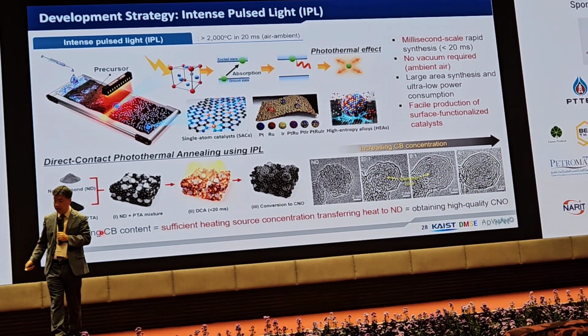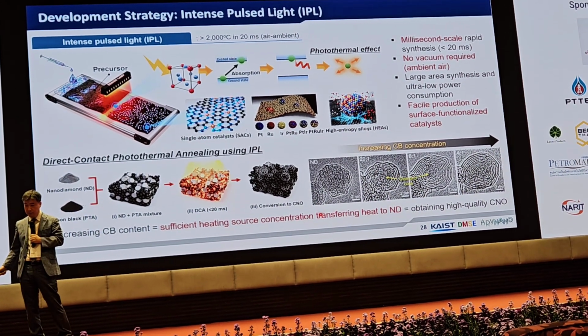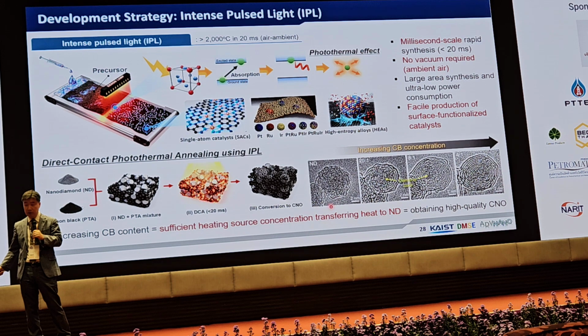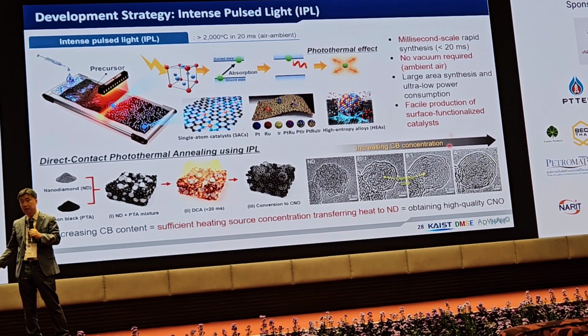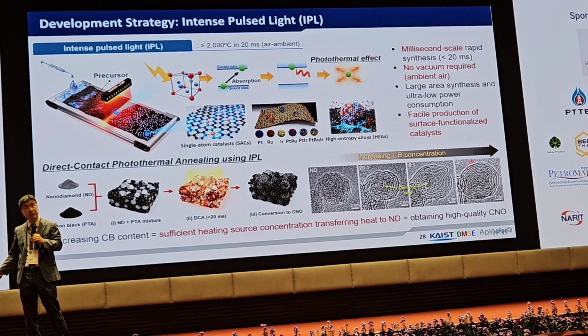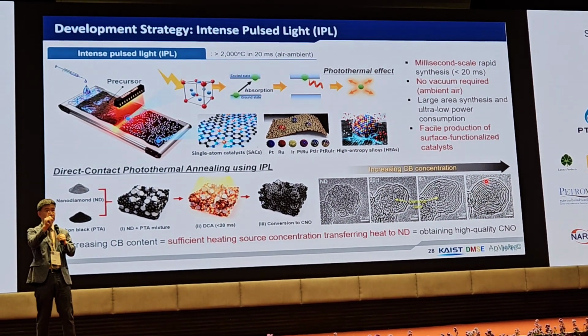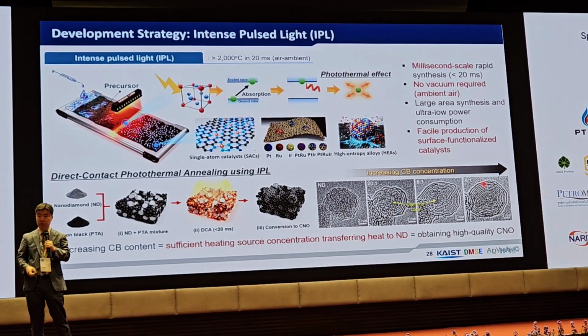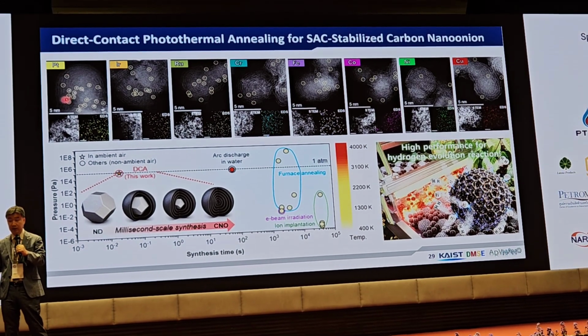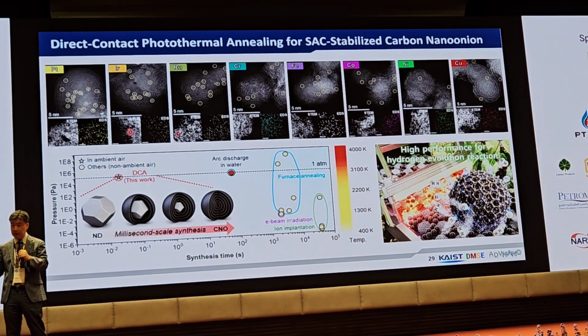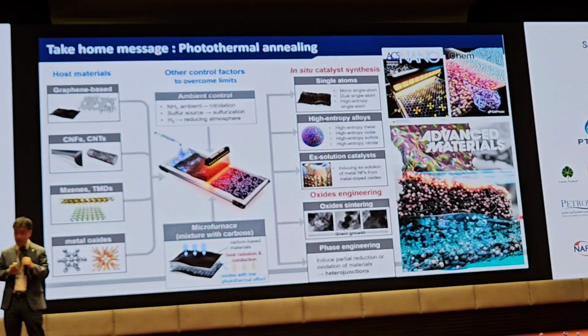So you can see here, this is a nanodiamond. Then we changed the relative ratio between nanodiamond and carbon black. Eventually we could synthesize nano-onion by a simple one-time exposure of the light. Then we further decorated a broad range of single atom catalysts on this carbon nano-onion.